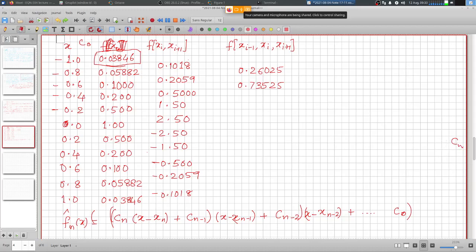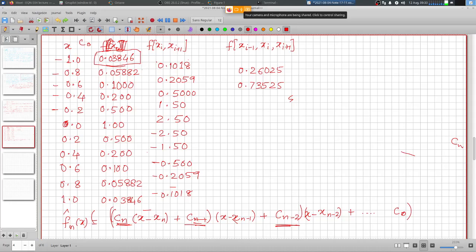So the idea is you can keep on picking up all these coefficients that you see here, Cn, Cn minus 1, Cn minus 2, etc., they would all be appearing at the top of this order.